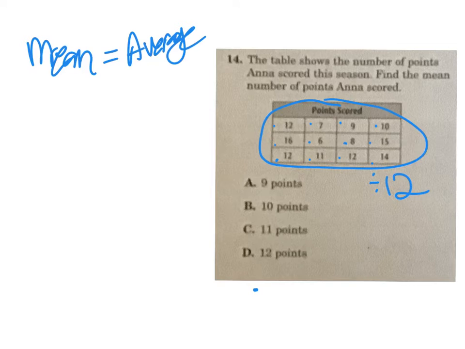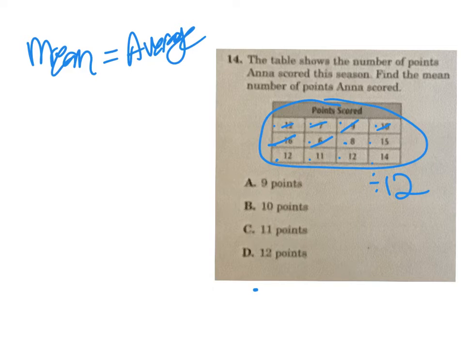12 plus 7. Okay, those two. And then 9 plus 10. Plus 9 plus 10. Okay, then I think that's 16. 16 plus 6. So now I'm at 60 for those so far.